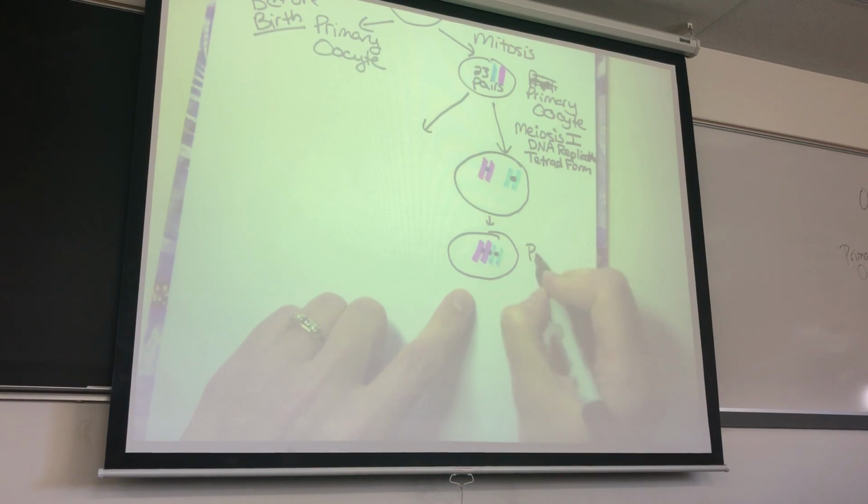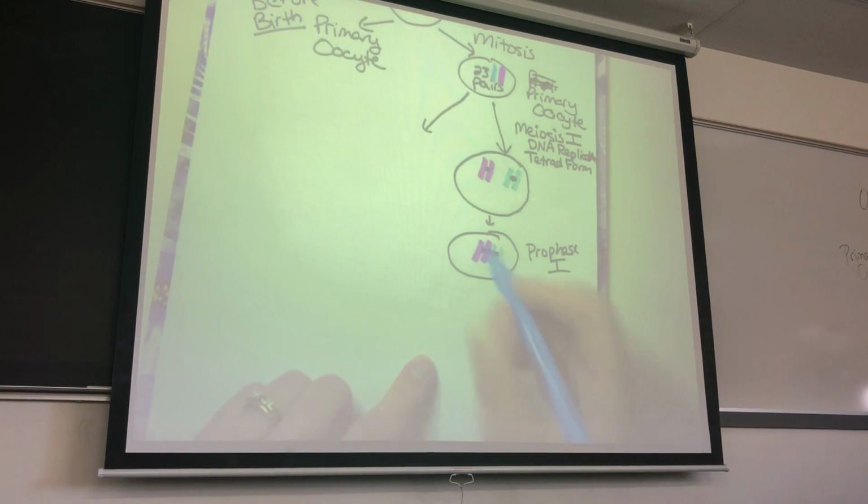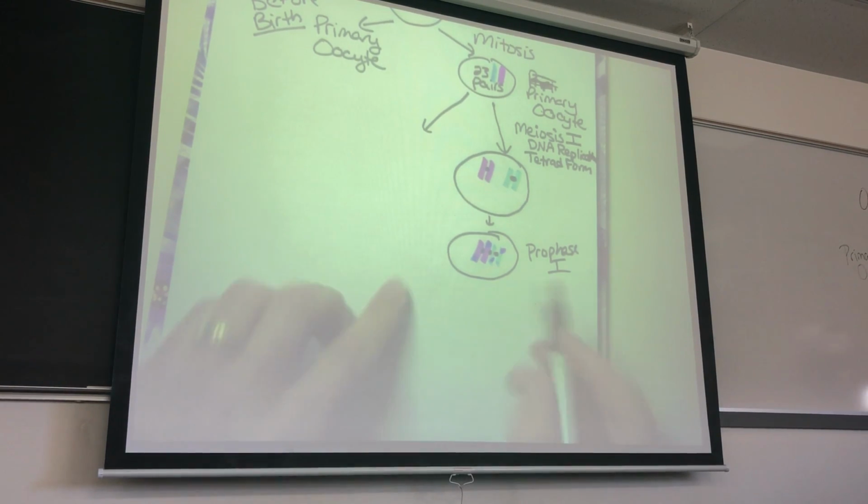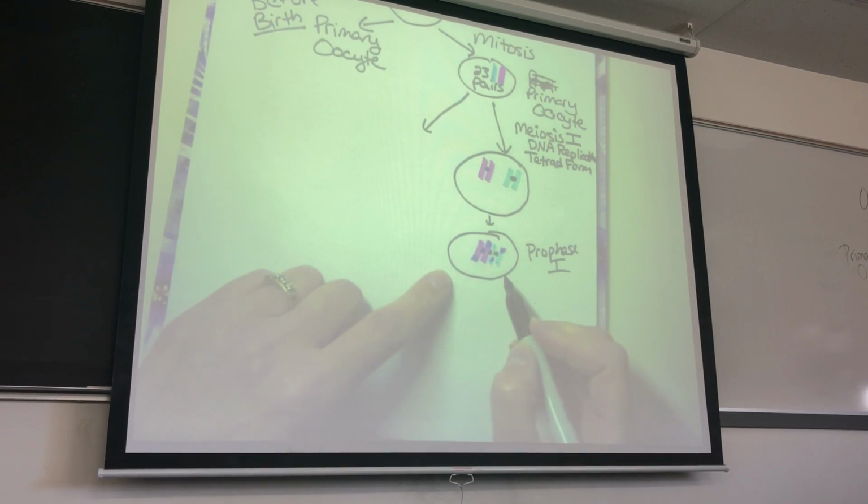So this is prophase 1 here. We get our little crossing over effect, so we'll get some blue over here, some pink over here, and some pink over here, so we get all our crossing over, and then that's where it stays. That's it, that's what she's born with, right? So what do we have in there? It's just stuck in there, a cell with a lot of chromosomes.